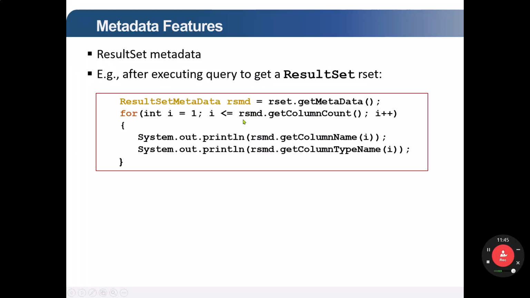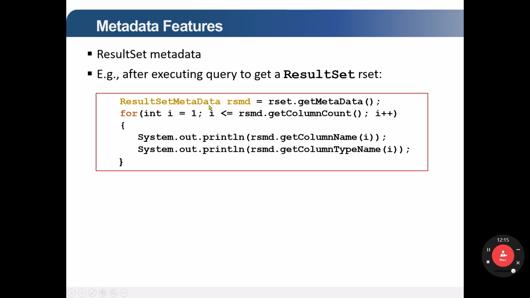So it is recommended to use prepared statement instead of regular statement. And next, JDBC provides a class named ResultSetMetaData. ResultSet is a class type where we can store a table, an output table, and ResultSetMetaData is a class where we store metadata about the result set.